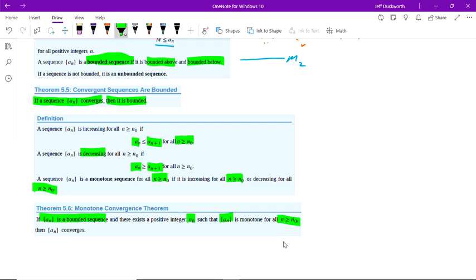So you can have a sequence doing something crazy in the beginning, going way up and way down, and then eventually tapering off.